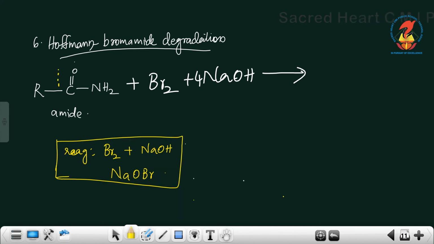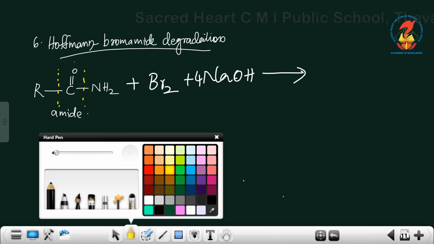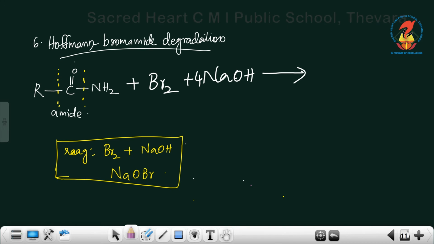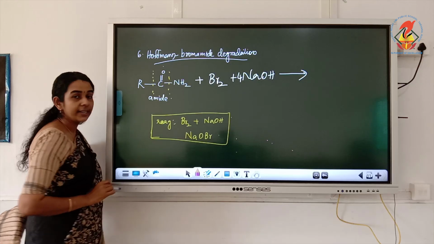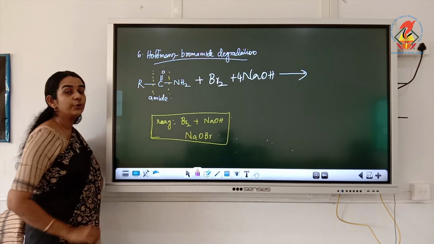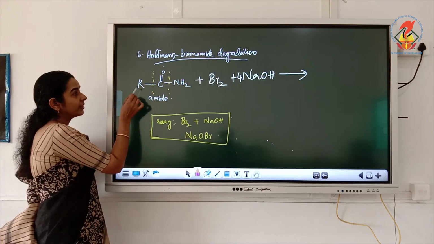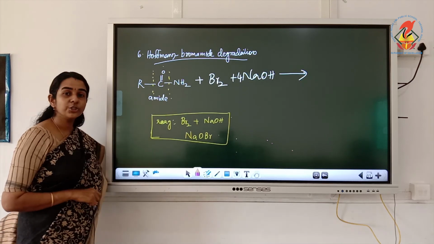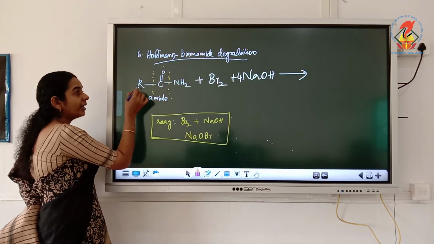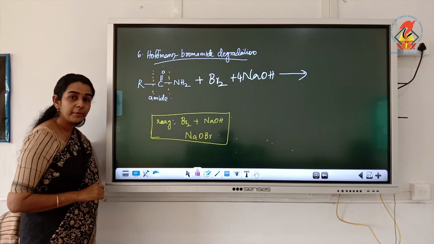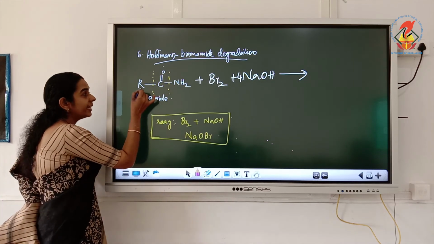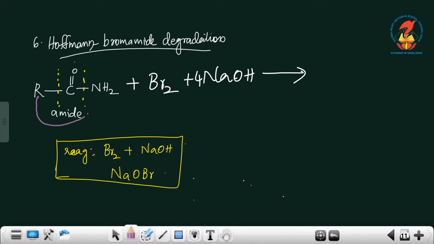there is breaking of bond on either side of the CO group. The alkyl group which was attached to the carbonyl carbon will migrate from the carbonyl carbon to the nitrogen atom.